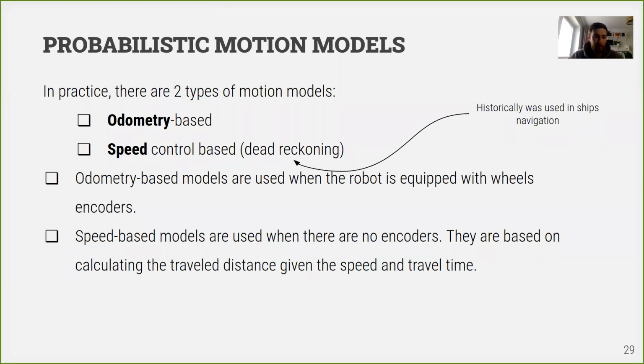I will shortly remind you that encoders are the sensors which can estimate rotation of our wheel. So, for example, on modern cars, we have this type of sensor because there are ABS systems and different other safety systems which can realize that we have some wheel slippage, for example, when we are braking, and can take different actions to make our braking on, for example, an icy road safer.